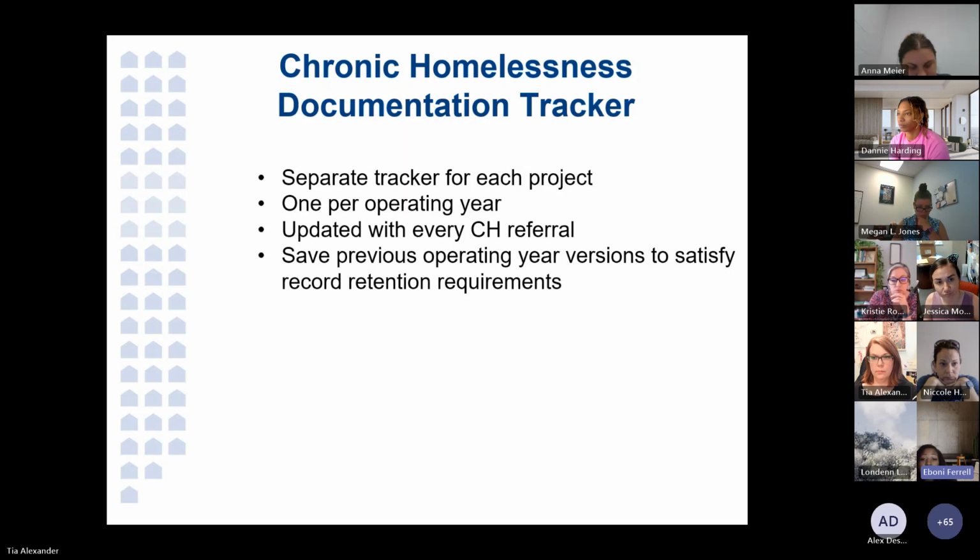So every time you receive a new chronic homelessness referral, they should be added. At the beginning of the operating year, you need to remove any participants who have exited. You must save the previous year's tracker to satisfy record retention requirements. Whether you maintain different versions as separate tabs in one file or as separate files is up to you.